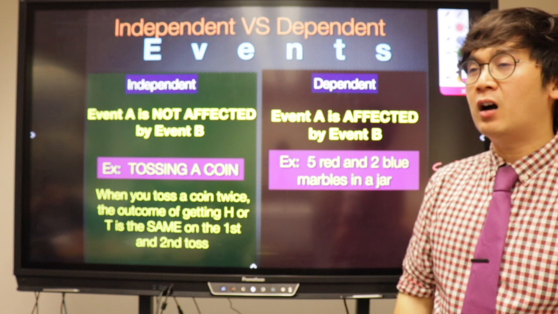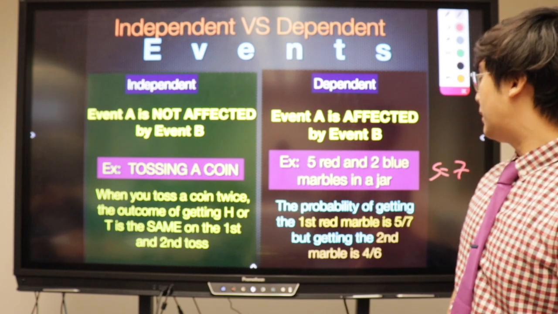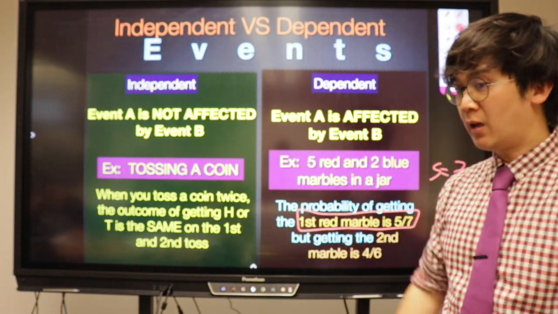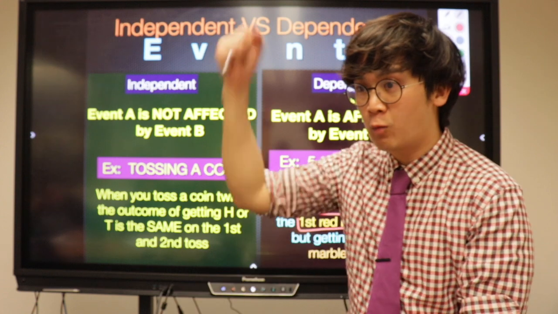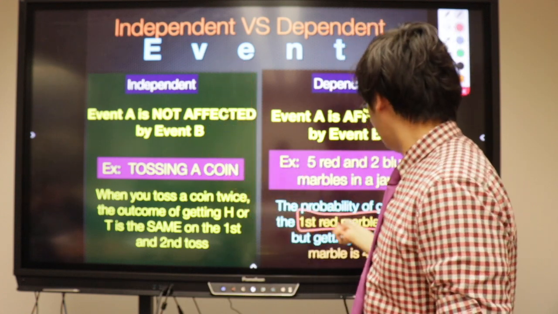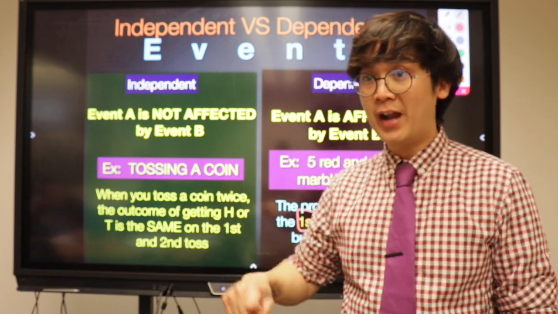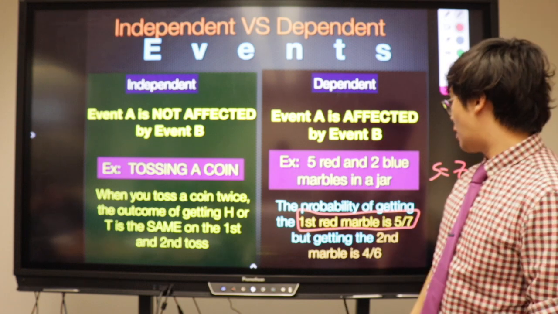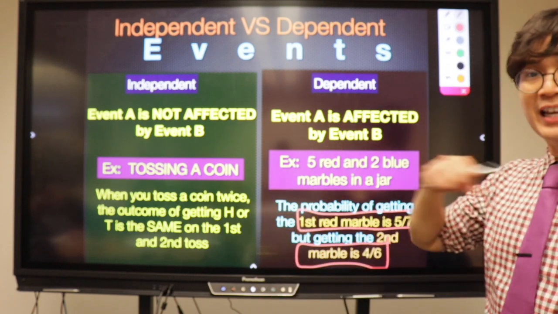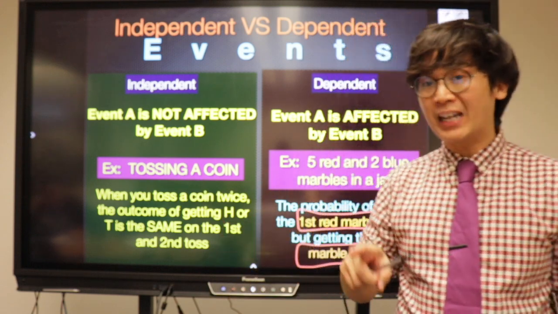This is a dependent event because the probability of getting the first red marble is 5 out of 7. You pick one, so the probability of getting a red marble is 5 out of 7, without replacement. And what about getting the second marble? Do you understand why it's 4 out of 6 now? Yes, because it's without replacement. But if it's with replacement, it is independent.